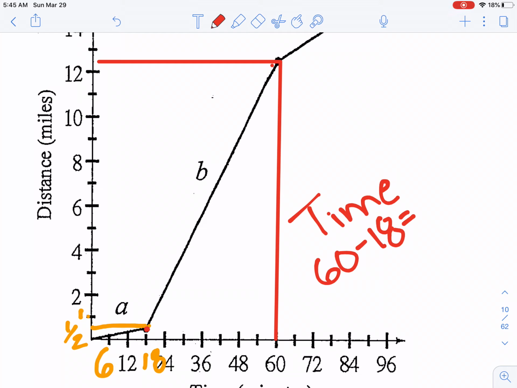Remember, she went a half at the beginning, so 12 and a half minus that half means she went 12 miles.